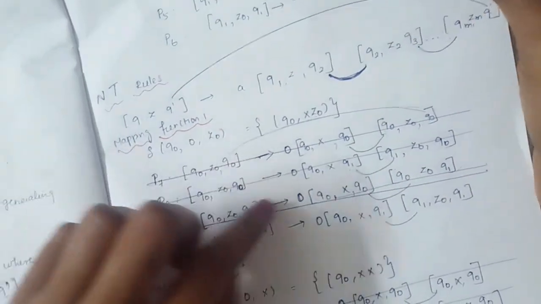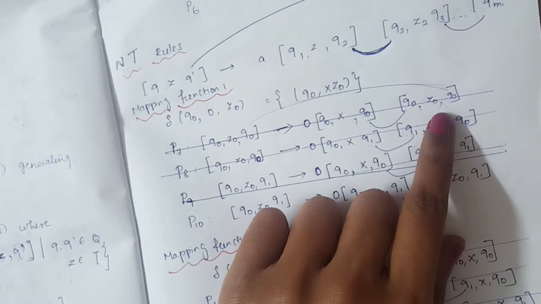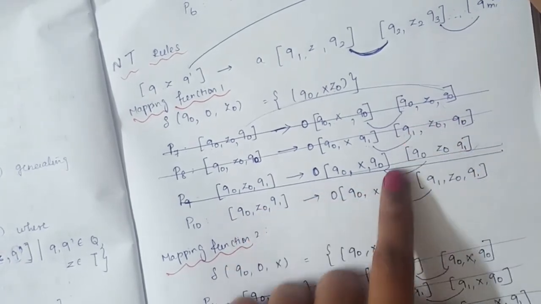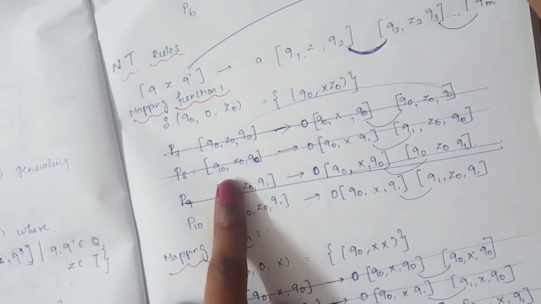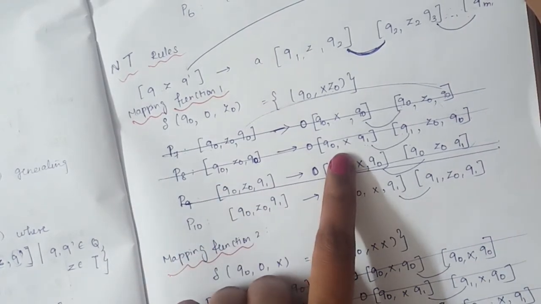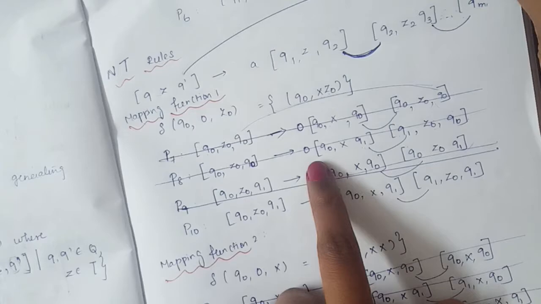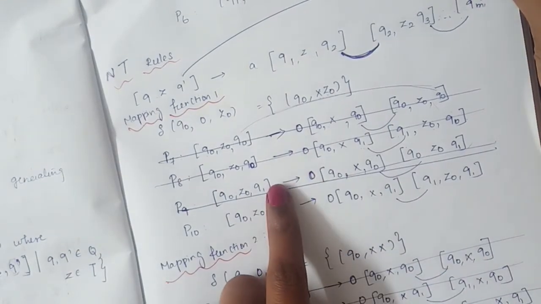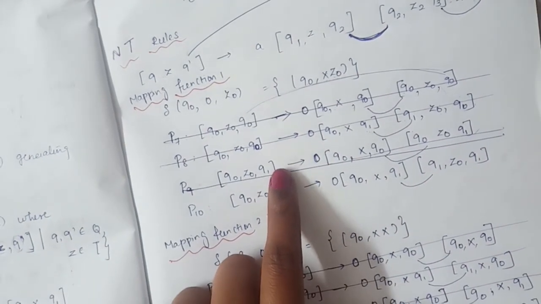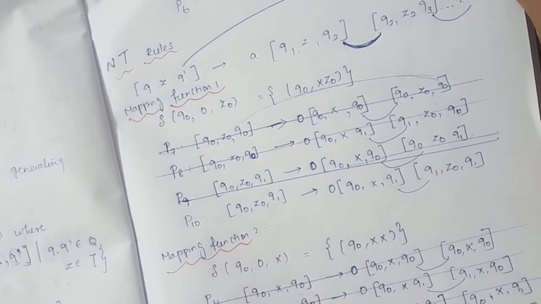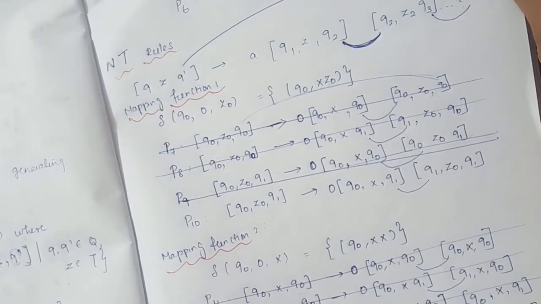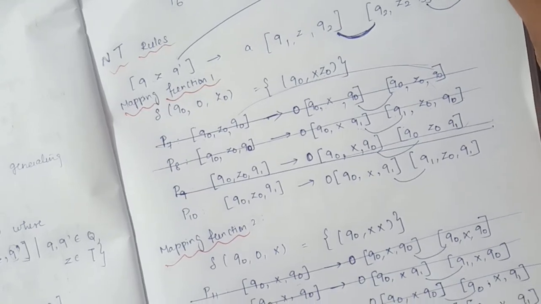When you see this, it is also not producing a terminal string, right? Already we eliminated this rule, so there is no use of seeing this. So we have eliminated it, right?